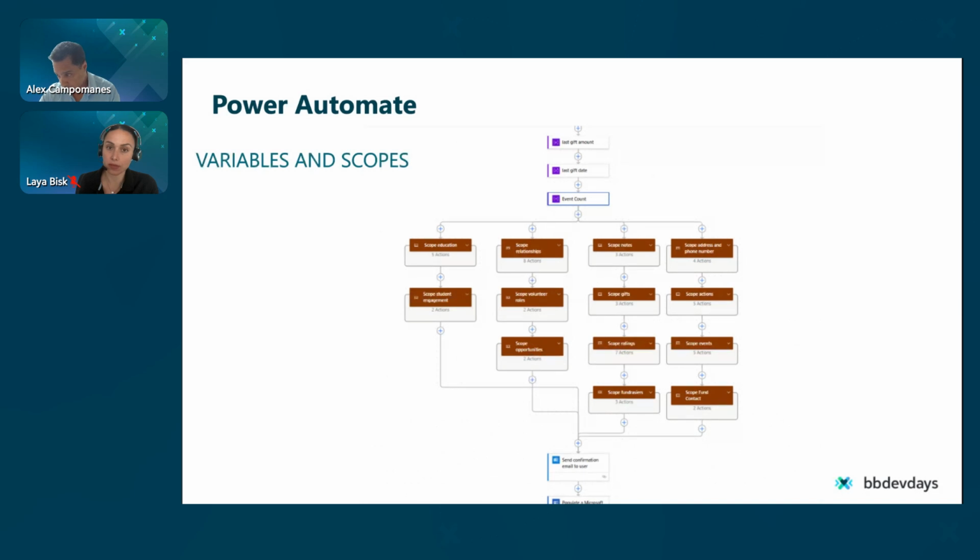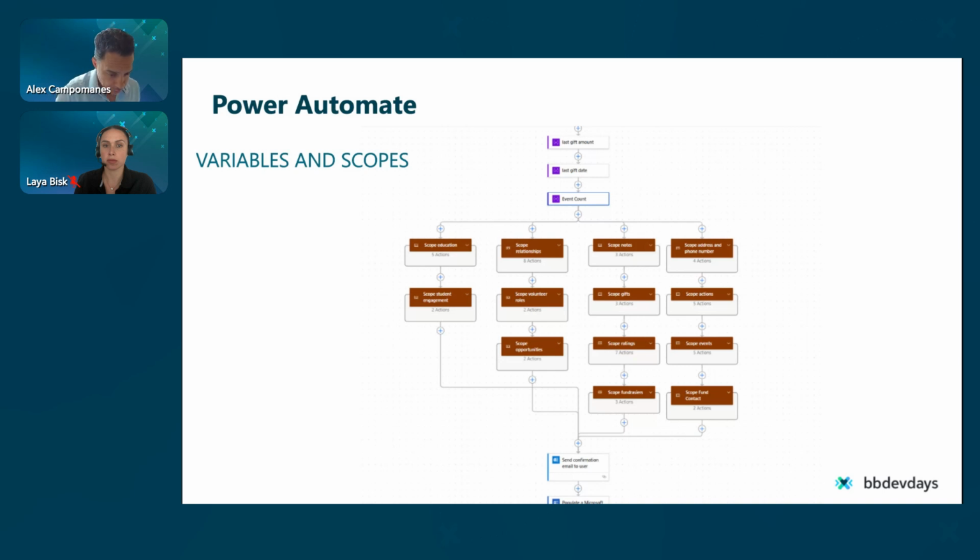So what we've done is group all of those areas into scopes. All of the education APIs get called together, and all of the relationship APIs get called together. So you've got scopes, and then above you've got variables.